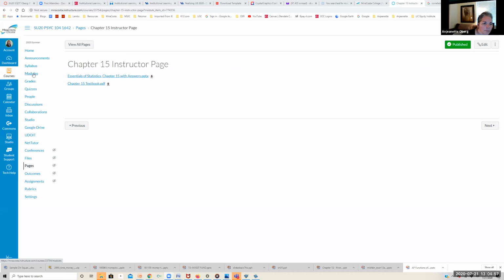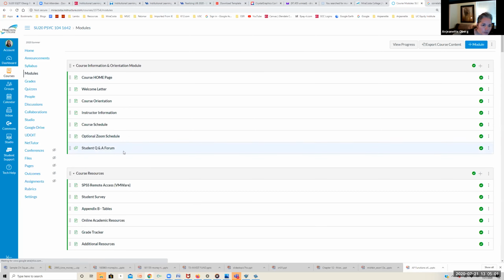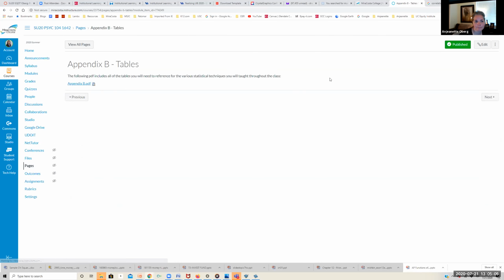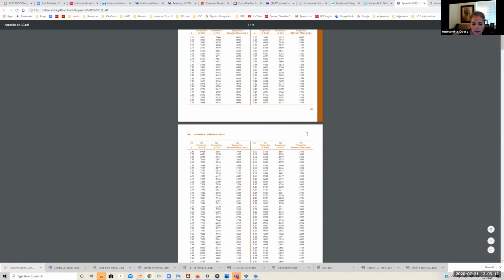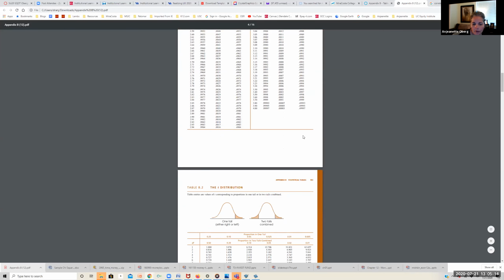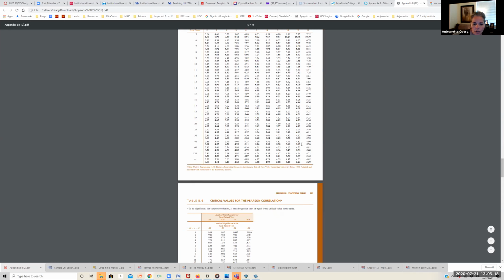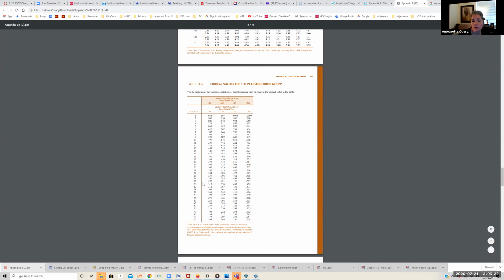Okay, so I'm in our module. I'm in our course. I'm going to go here to the Appendix B. And then when you download that, you're going to see the unit normal table, t-test, F distribution, and then here's actually the critical region for the Pearson product moment.